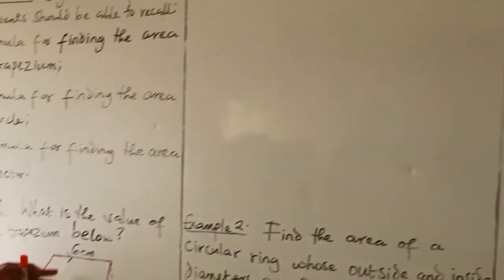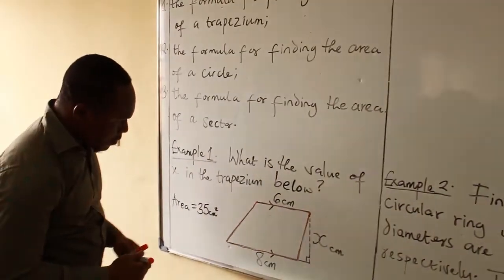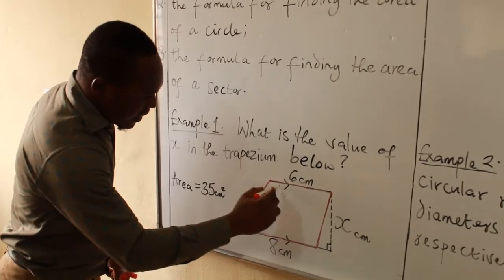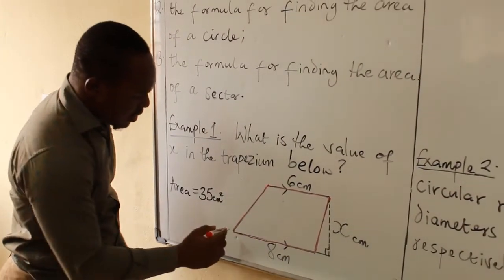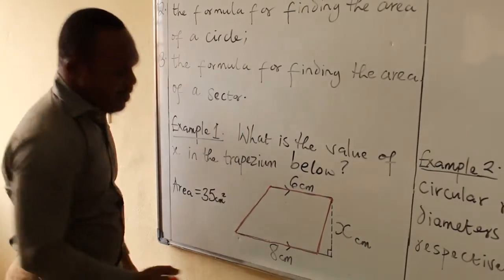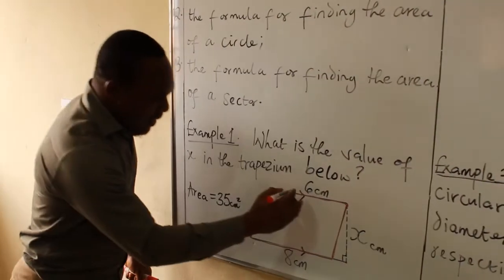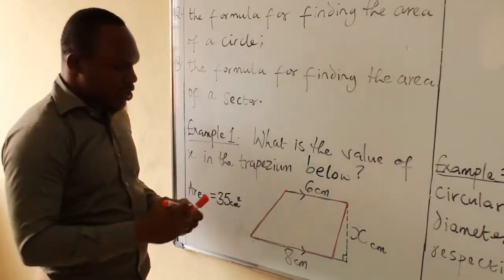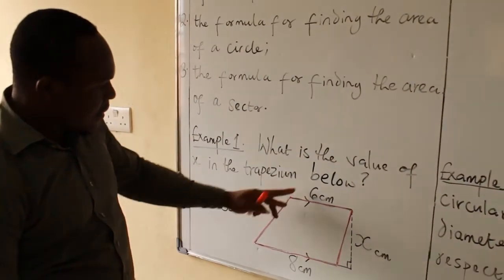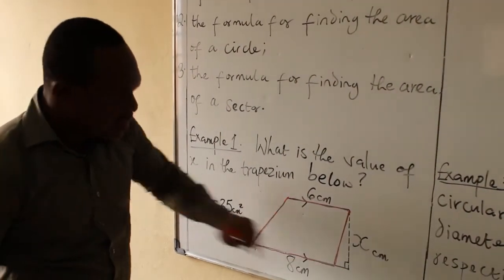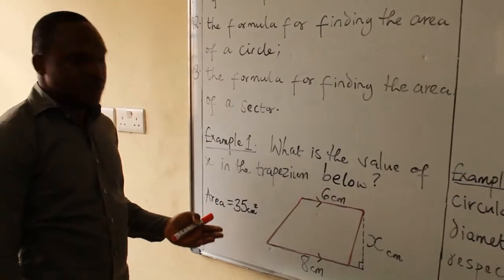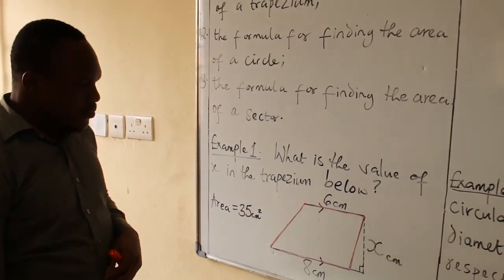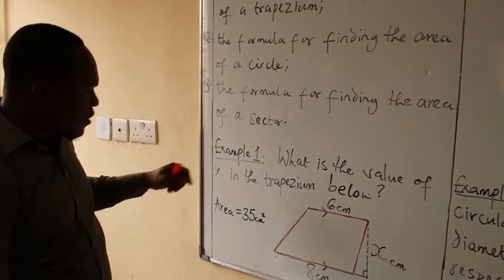Now, looking at this trapezium here, we have two parallel sides, one of length 6 centimeters and the other of length 8 centimeters. The arrows here show us that these two lines are parallel to each other. So we have the length of the parallel sides. Now someone may ask me, what is the height of this trapezium? That's what we are looking for, the value of x.